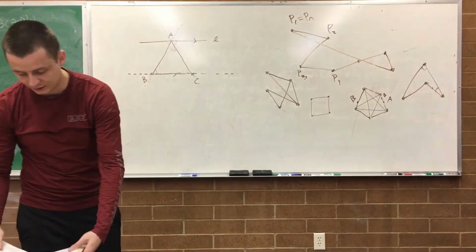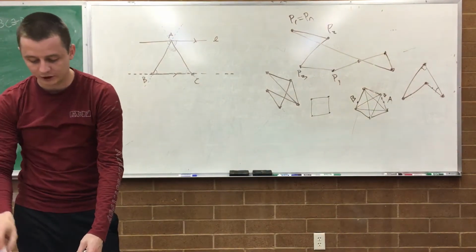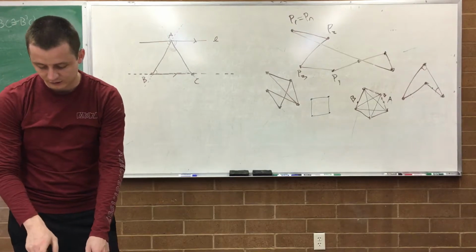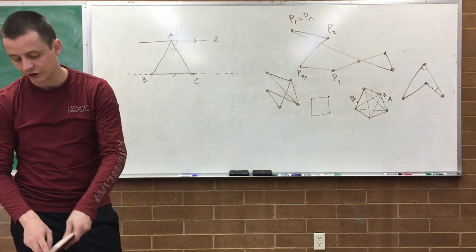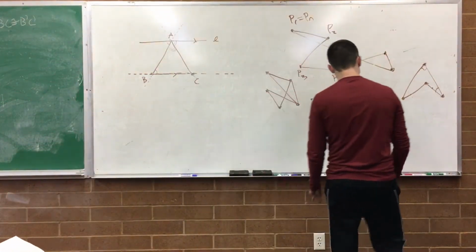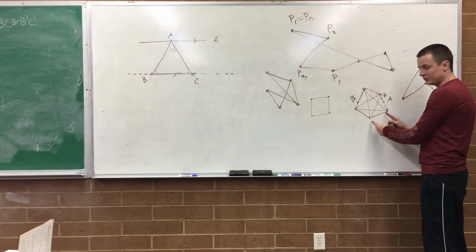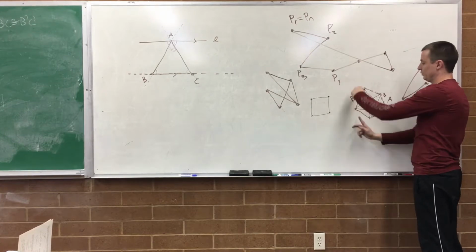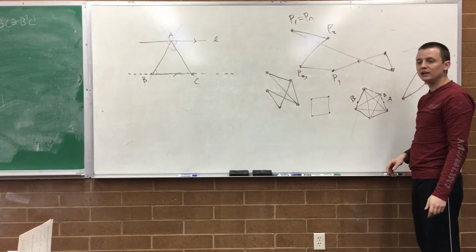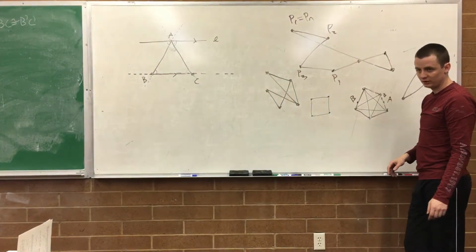Alright, definition 8.10. If all the sides of a polygon have the same length, the polygon is called equilateral. And if all the angles are congruent, it's called equiangular. So if I drew this pentagon so that that side was the same length as that side, as that side, as that side, as that side, then it would have been an equilateral pentagon.